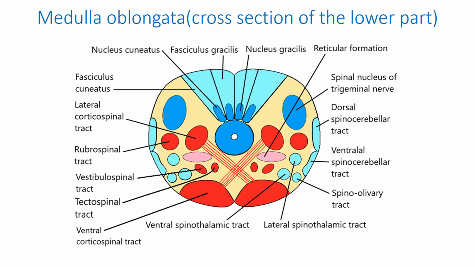Axons of second-order sensory neurons arising from the multipolar cells of these nuclei are termed internal arcuate fibers. They cross the midline and ascend on the opposite side as medial lemniscus. Secondly, the network of fibers and scattered neurons and gliocytes termed reticular formation.